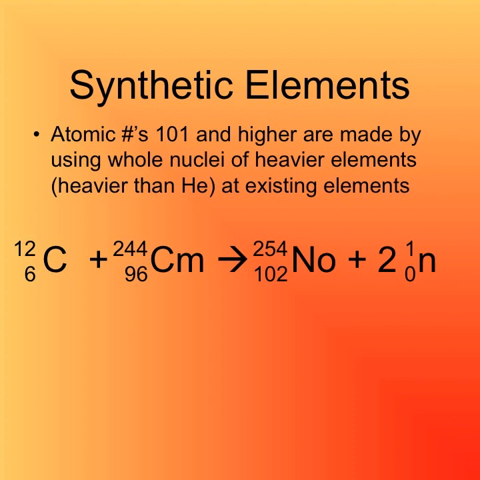In that case, we know that two neutrons, which is what the N with the mass number of 1 and the atomic number of 0, are kicked out, and that ends up forming nobelium-254, which is atomic number 102. So that's an example of a nucleus with an atomic number greater than 100 being formed by use of a whole nucleus larger than a nuclear bullet.